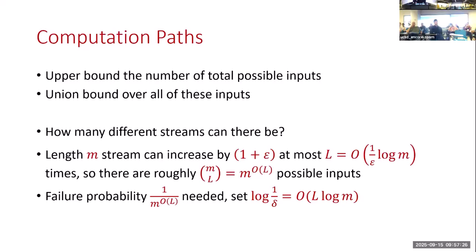Then the adversary can only see n choose L different times where the output has changed by 1 plus epsilon. And so there are roughly n choose L different inputs that the adversary can generate. So as long as your failure probability is smaller than 1 over n choose L, then you're good.